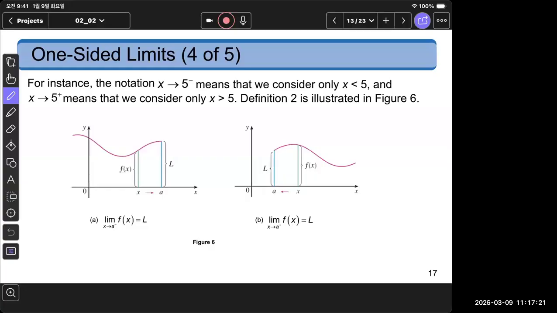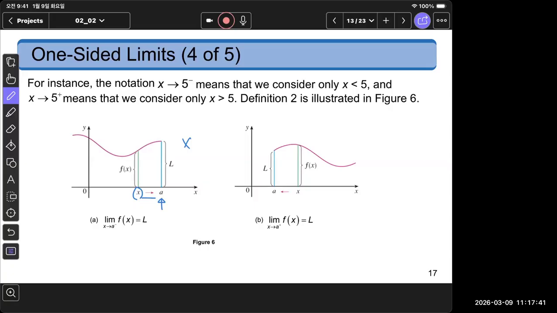So when I consider the left-hand limit, I do not care about the right-hand side of a. Given this a, I'm just looking at the tendency of the graph of the function f as x approaches a from the left.